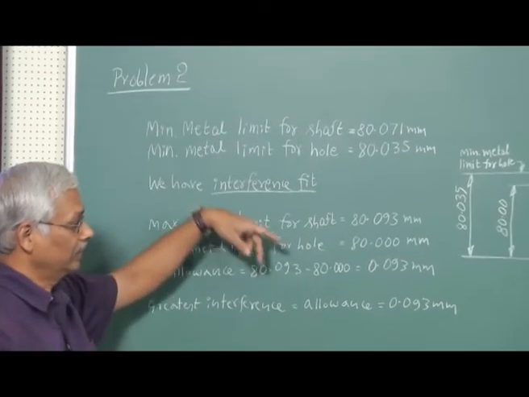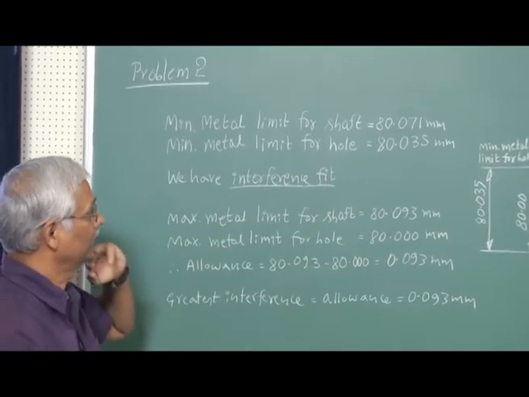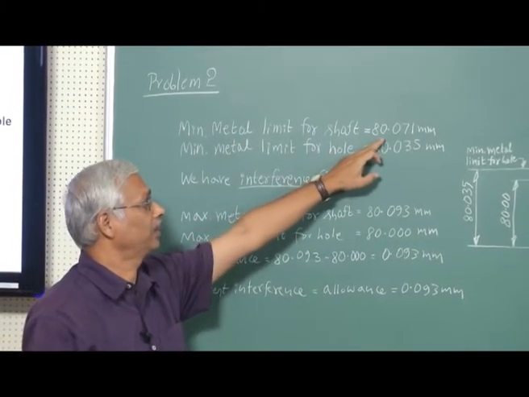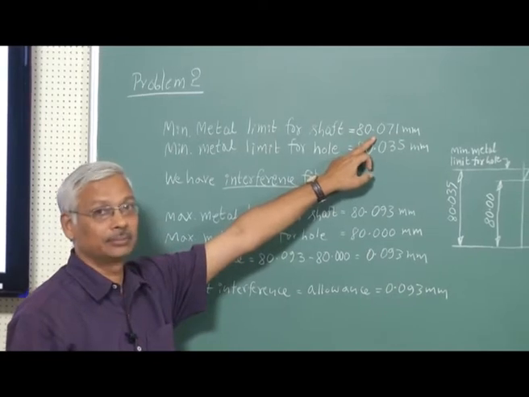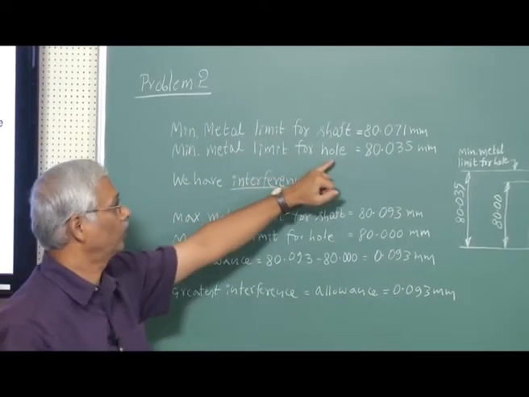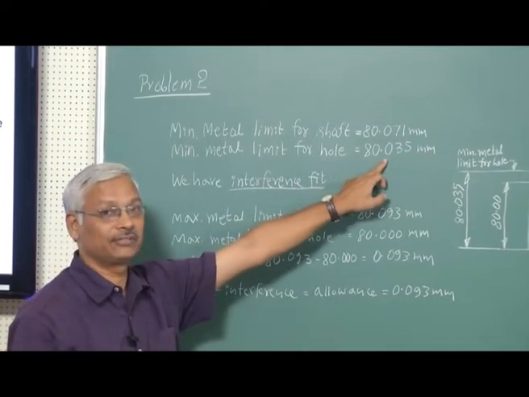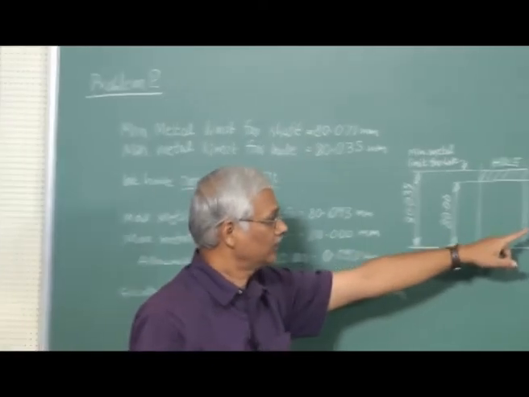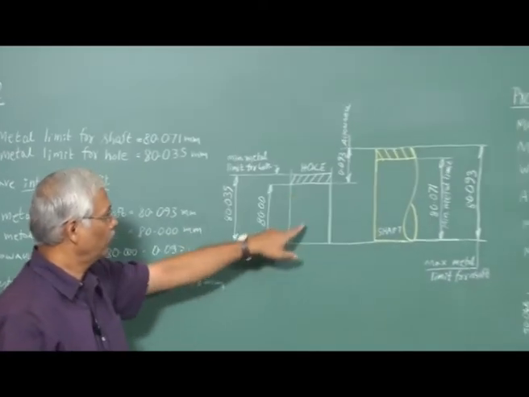From the given problem we can understand that the minimum metal limit for the shaft is 80.071 millimeter, and the minimum metal limit for the hole is 80.035 millimeter. That is shown in the picture here. This is the hole.